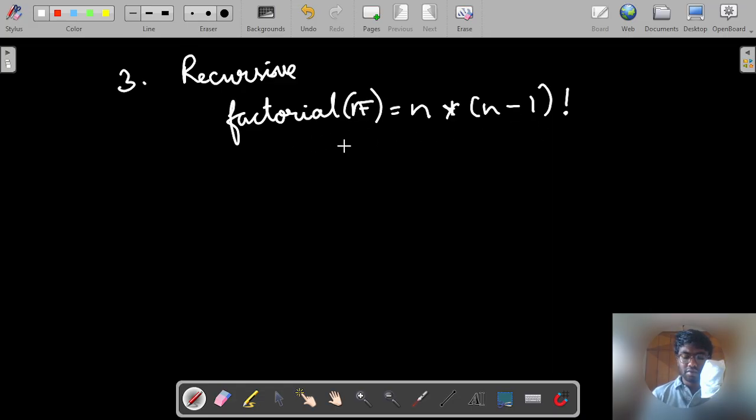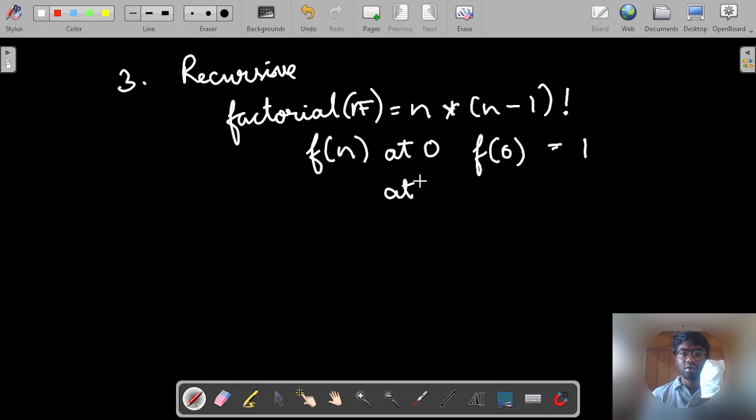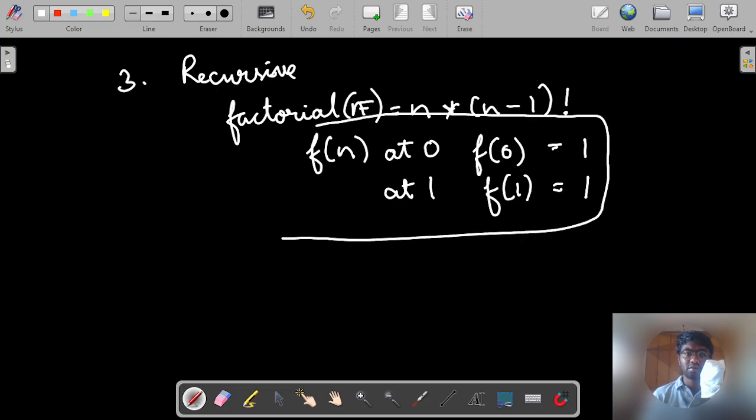This can be a recursive approach where f of 0 equals 1, and f of 1 equals 1. These are the base conditions. With these, a recursive function can be implemented and any number can be calculated with factorial of n, right? So that's a recursive approach.